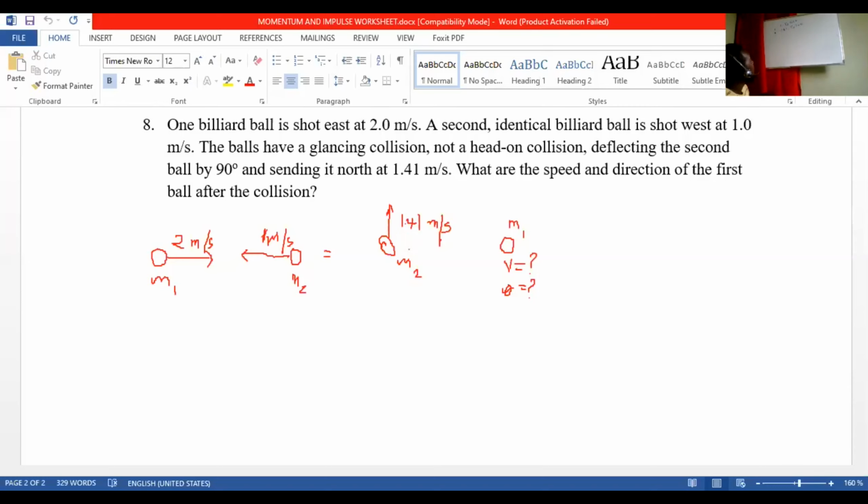Now we can divide y over x, and that gives us negative 1.41 over 1 equals V1F sine theta over V1F cos theta. The V1F cancels out.